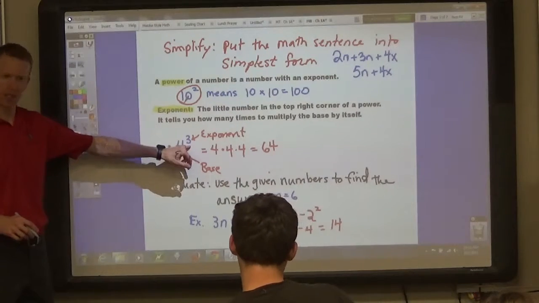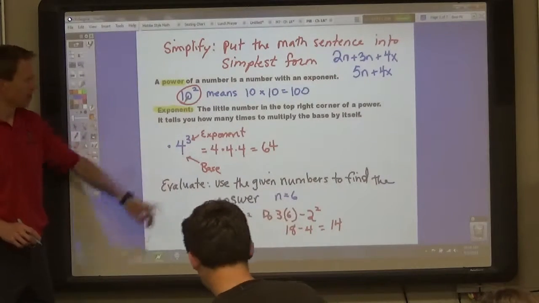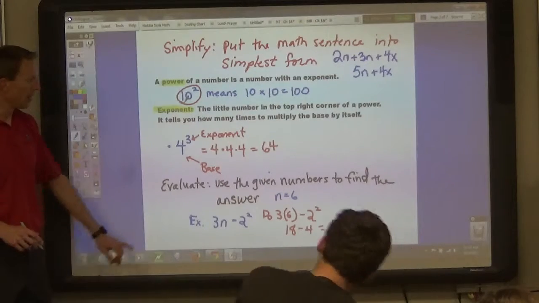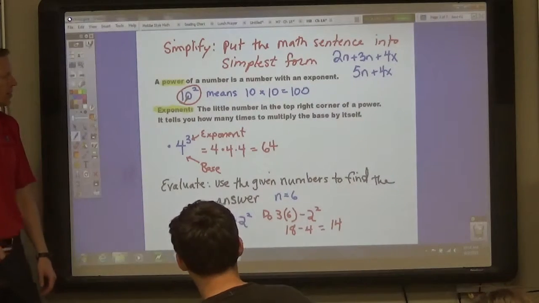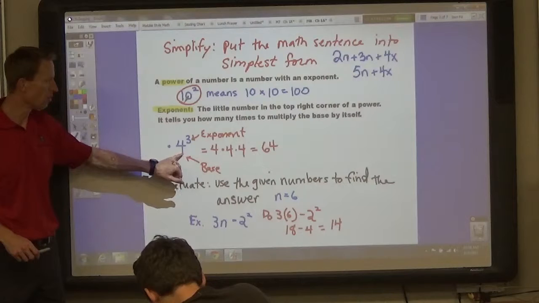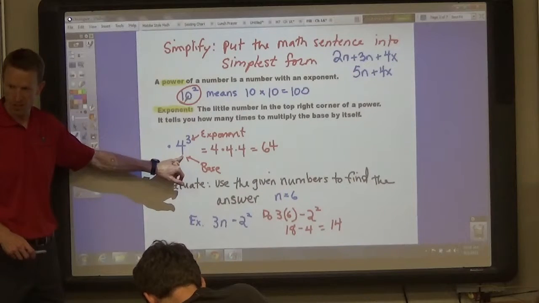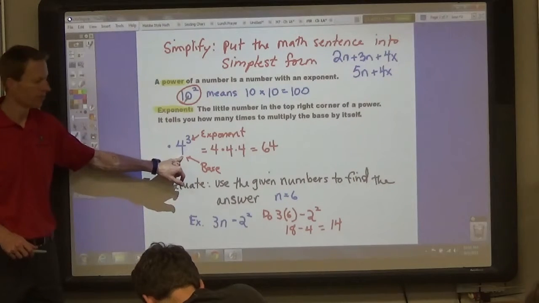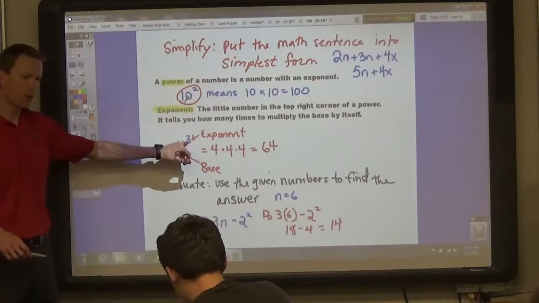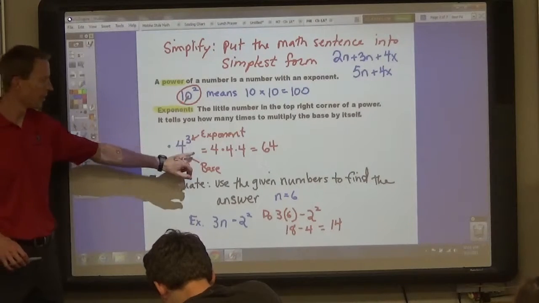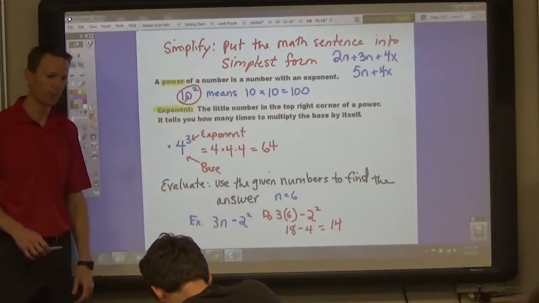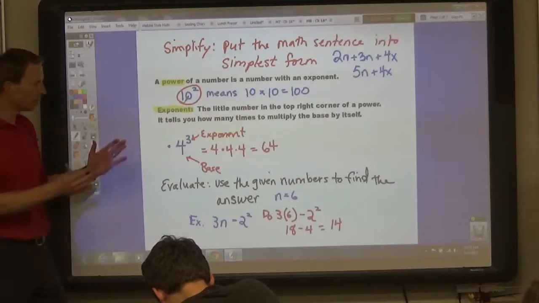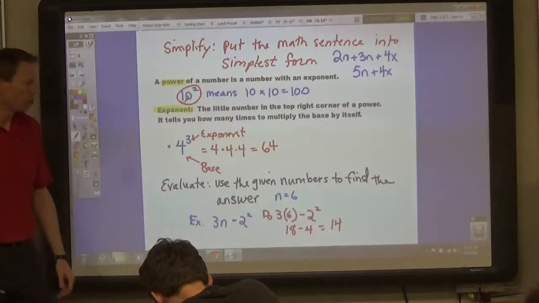The exponent is the little number up to the right. And the exponent means how many times you multiply the base times itself. So 4 to the third power is 4 times 4 times 4. And then if you simplify that, that equals 64.